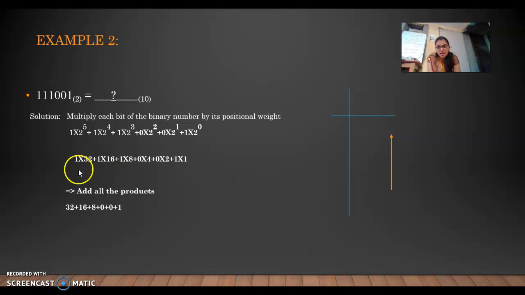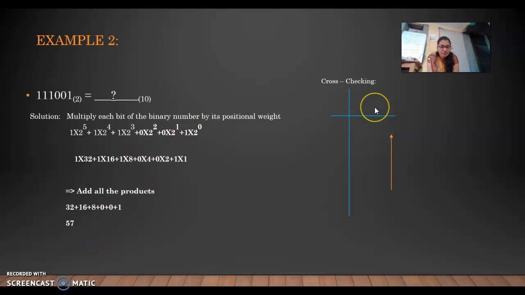Here the product terms are 1 into 32 is 32, 1 into 16 is 16, 1 into 8 is 8, 0 into 4 is 0, 0 into 2 is 0, 1 into 1 is 1. So the product terms are 32, 16, 8, 0, 0, 1. Add all the product terms: 32 plus 16 plus 8 plus 0 plus 0 plus 1. What will be the answer? It is 57.